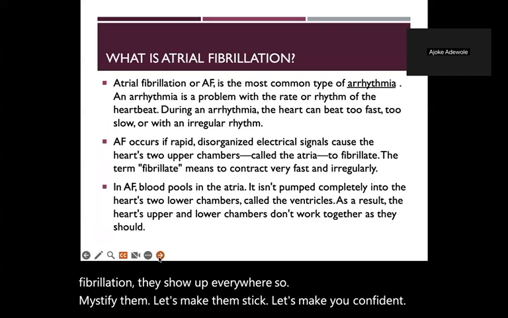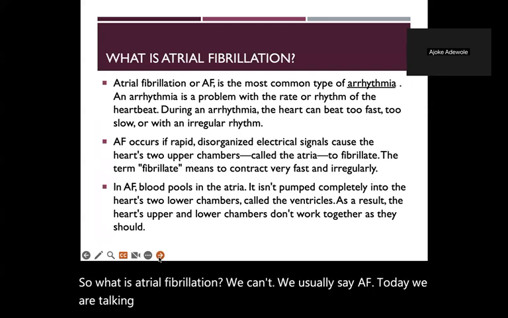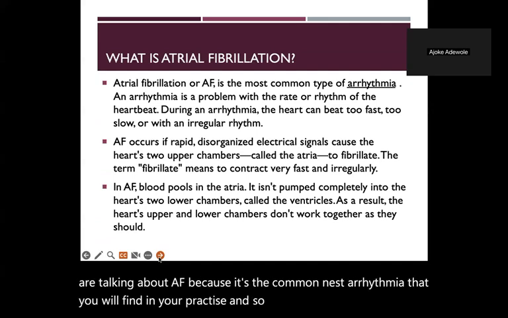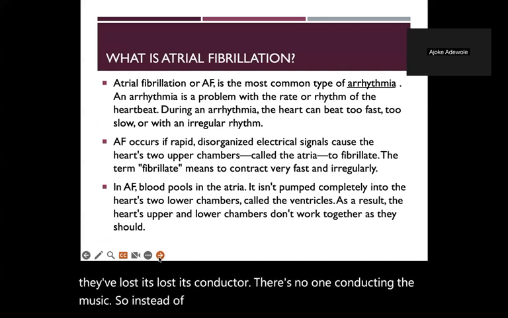So what is atrial fibrillation? We usually say AF. Today we are talking about AF because it's the commonest arrhythmia that you will find in your practice. In AF, the orchestra has lost its conductor. There's no one conducting the music. So instead of synchronized P waves, we get chaotic electrical signals.